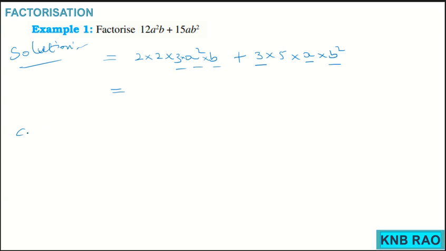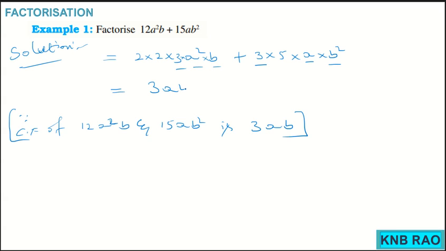So the common factor of 12a square b and 15ab square is 3ab. Since I found that, I am taking 3ab common.